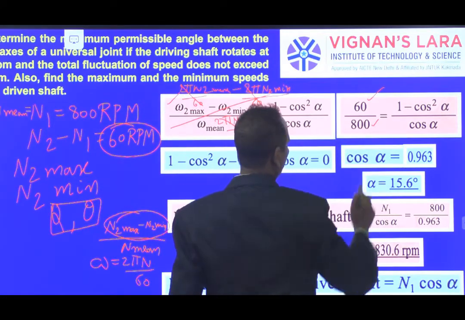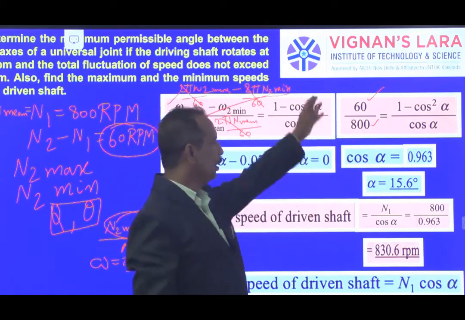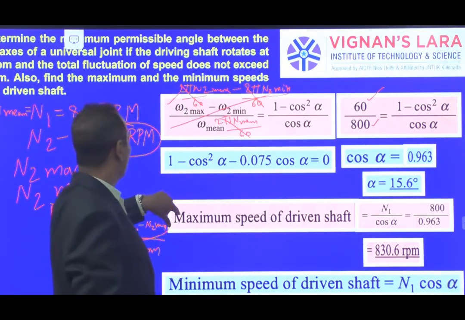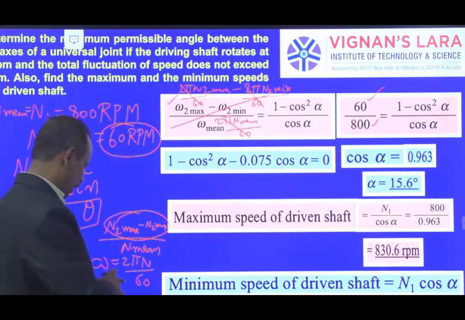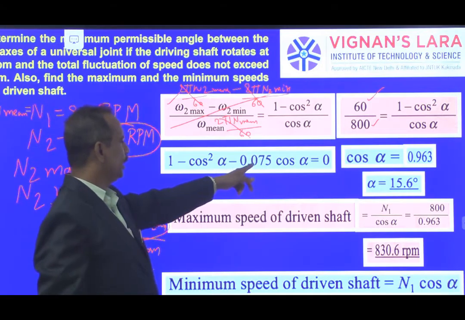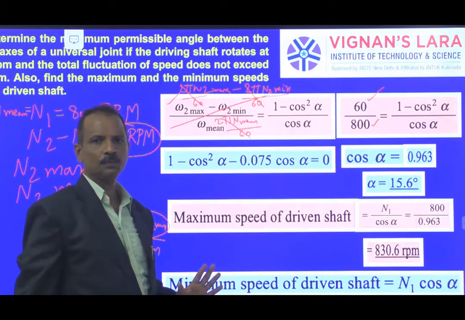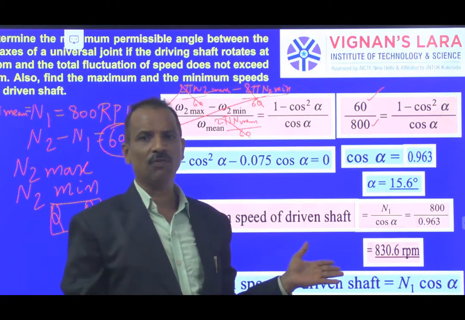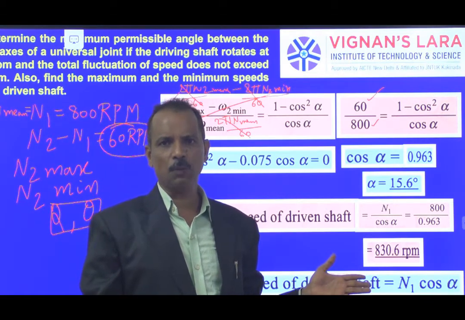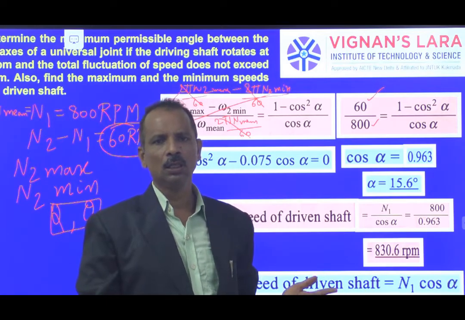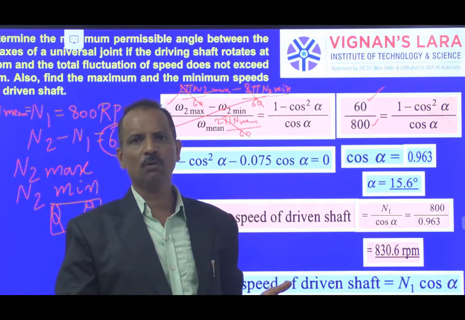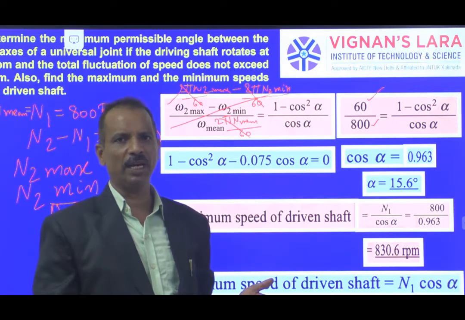So by substituting this, by simple cross multiplication, we get the equation 1 minus cos square alpha minus 0.075 cos alpha. This is like your equation of ax square plus bx plus c is equal to 0. Then the roots can be evaluated: minus b plus or minus root over b square minus 4ac by 2a.